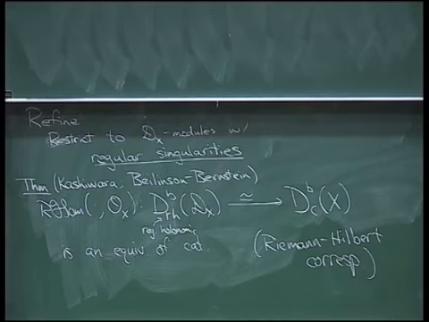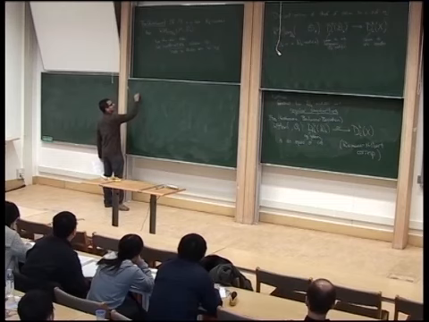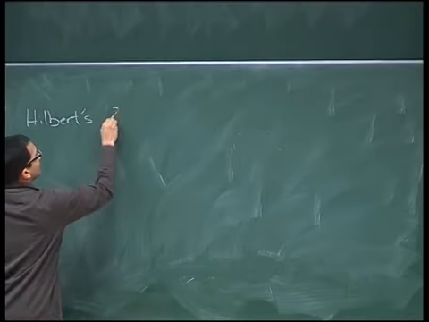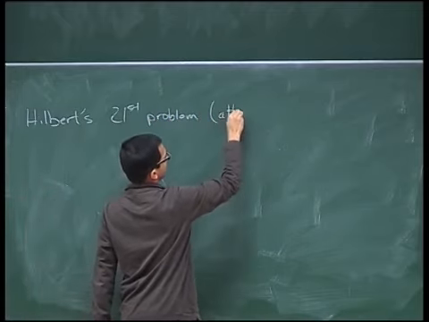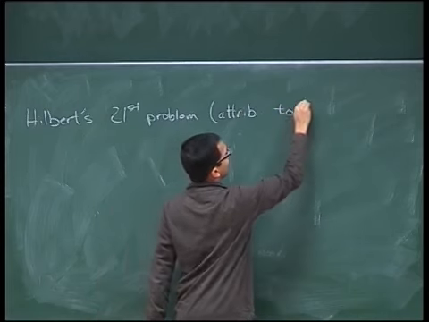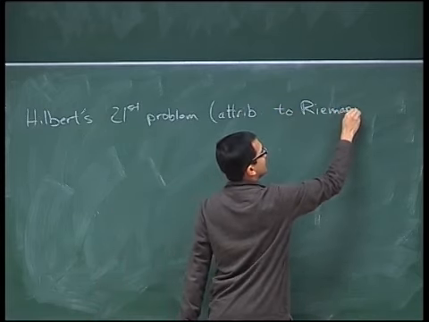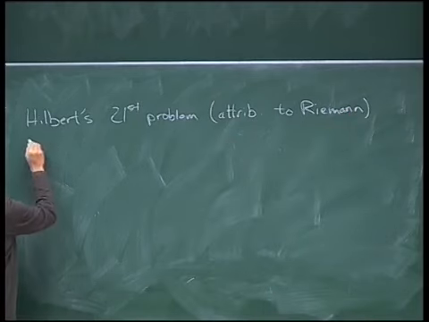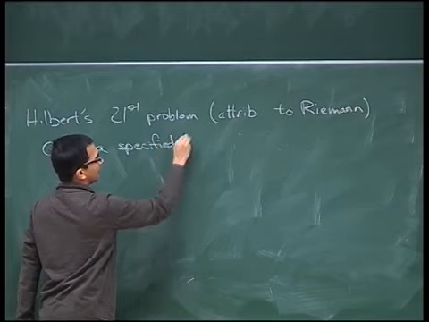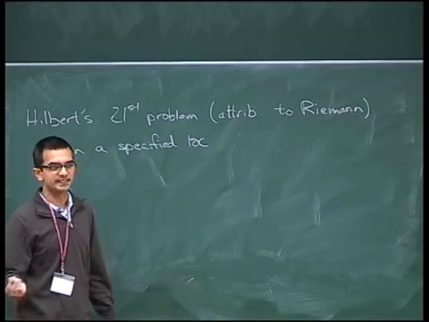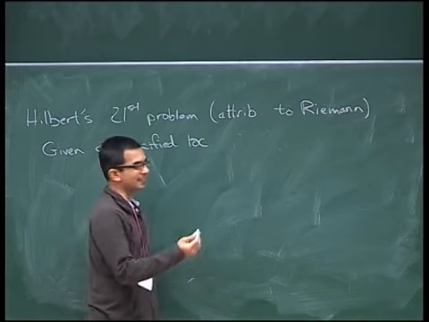And it turns out that this has to do with Hilbert's 21st problem, which is roughly the following. So this is Hilbert's 21st problem, and Hilbert, in his statement of the problem, attributes the problem to Riemann. And the problem basically says, given a specified local system, and of course he didn't use the language of local systems because sheaves were also not defined until the 1940s, maybe.